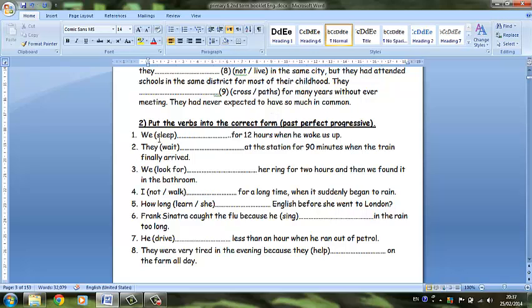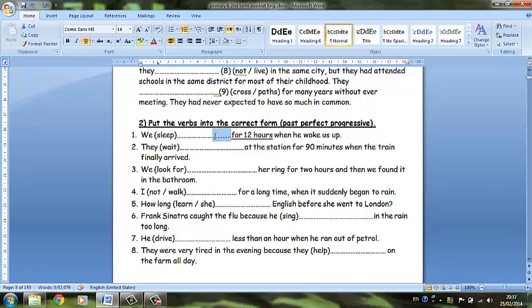So we sleep for 12 hours when he woke us up. Do you think that the duration of 12 hours is a long duration or a short duration? 12 hours. Perfect. So 12 hours here, it's a long duration. So are we going to say we slept? No. Very good.